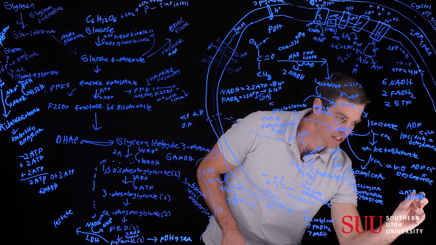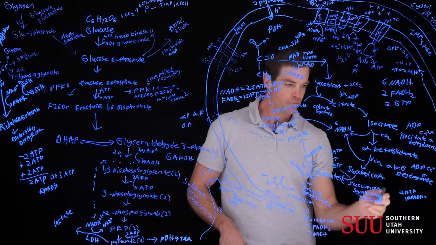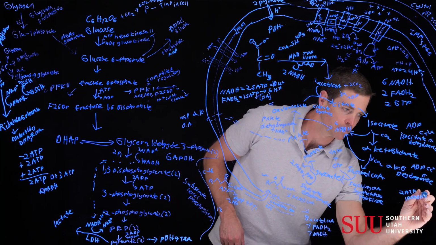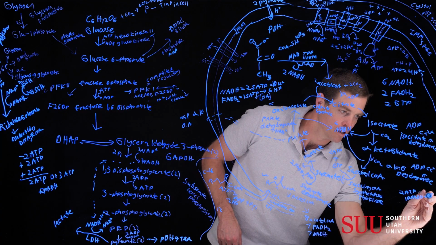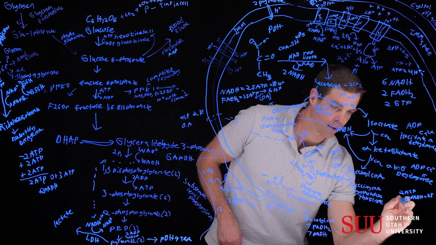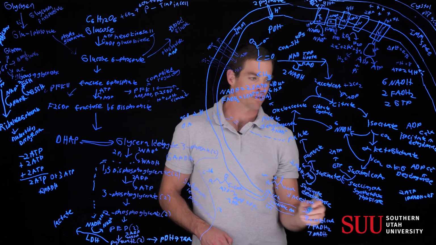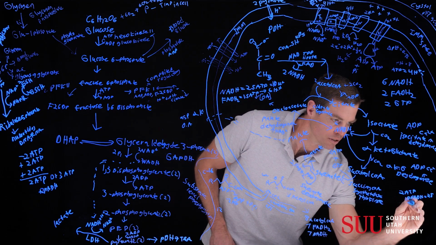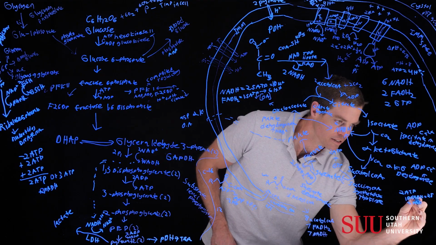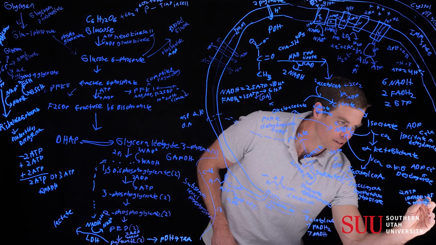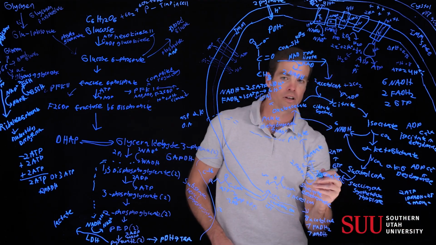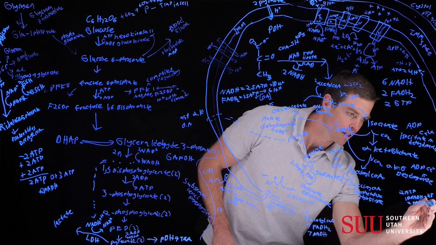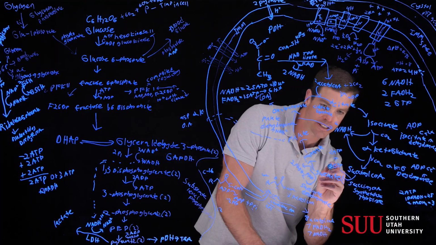Okay, so 10 NADHs, and that's going to be equal to how many ATP? Well, we just go 10 times 2.5, right? It gives us 25 ATP. And then we have how many FADH₂s? We get 2 of those, right? So 2 FADH₂. 2 times 1.5 gives us 3 ATP. And then, of course, we have GTP, right?